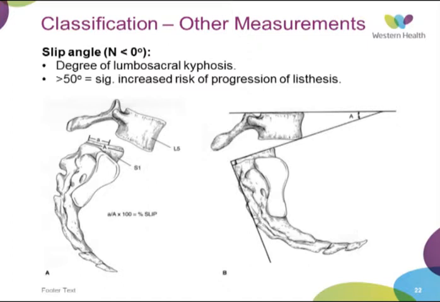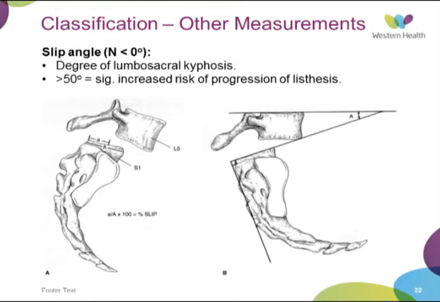We can look at some measurements as well. So the slip angle, which is demonstrated here, looks at the degree of lumbosacral kyphosis. So a line taken here on top of the sacrum, and another line on top of L5, and this is the angle in here.